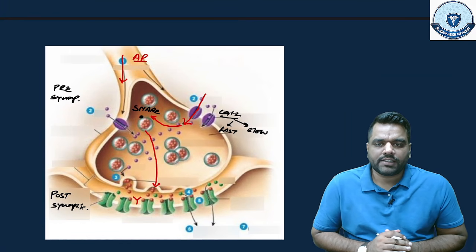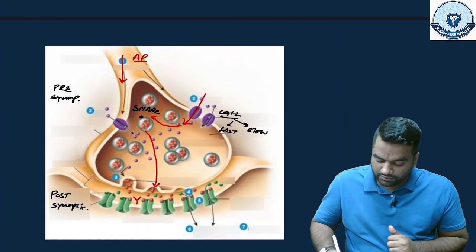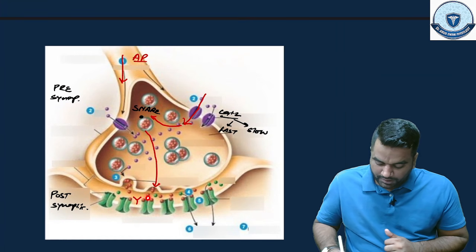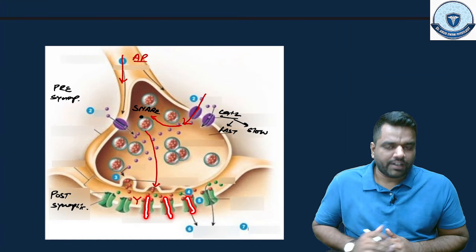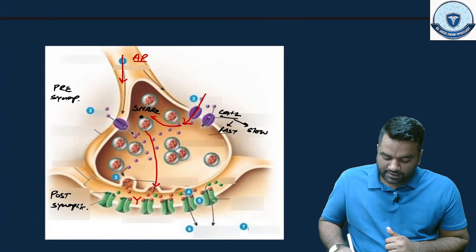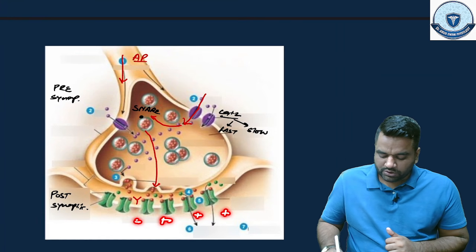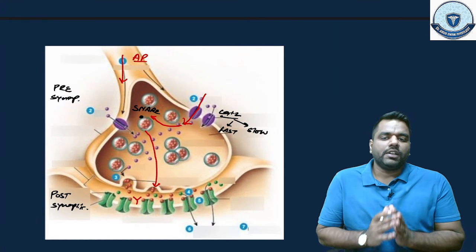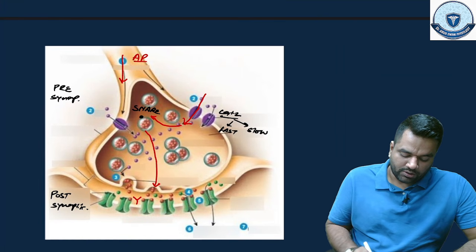With this exocytosis happening, acetylcholine will reach the receptor level. It binds with the receptor, activates and opens the sodium channel over here, and this sodium influx leads to positivity at this postsynaptic area and transfers the signal. So this is how this neuromuscular junction actually functions.